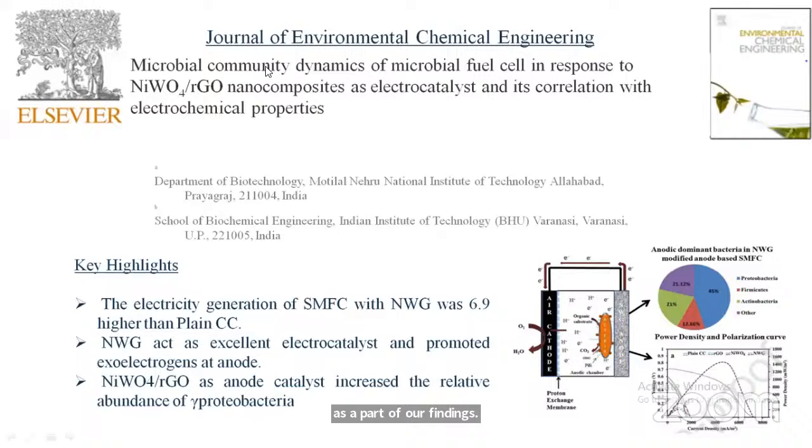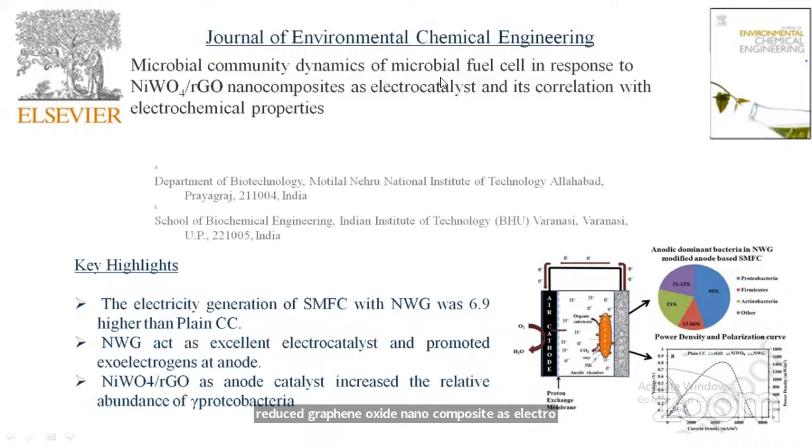In this study, which is published in Journal of Environmental Chemical Engineering, we have used the same composite, that is nickel tungsten oxide with reduced graphene oxide nanocomposite, as electrocatalyst.